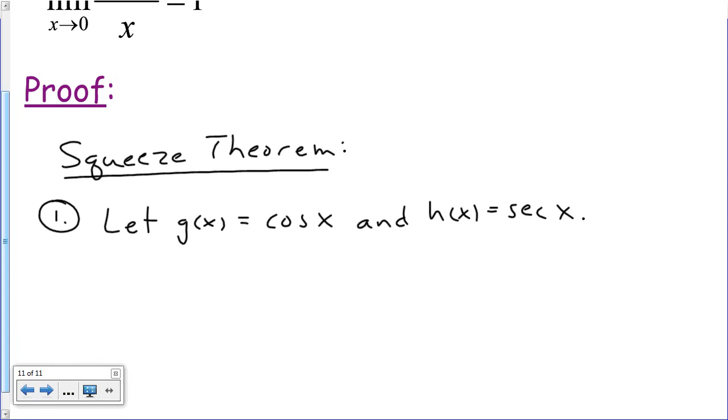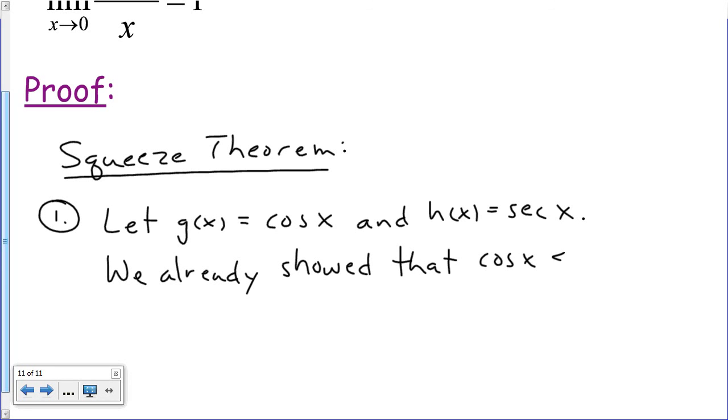And we've already shown that cosine of x is less than or equal to the secant of x for all x. But the theorem said we only have to worry about values of x close to 0 in this case, but it actually works out for all x.